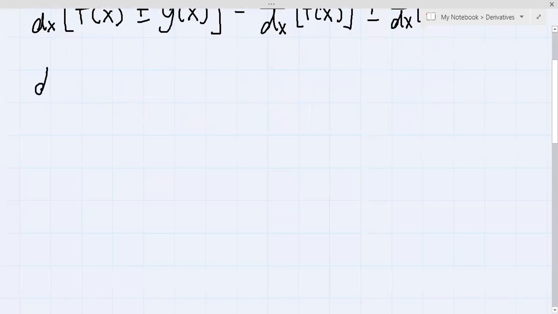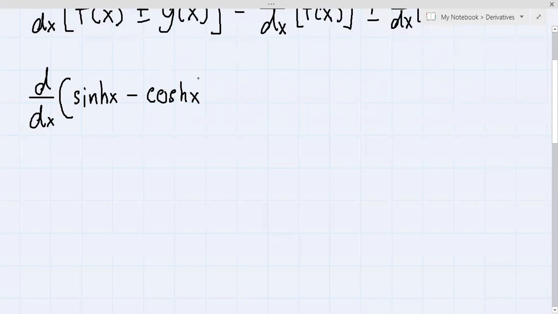So, let's just say we have this example. The derivative of sine hx minus cosine hx. Okay. So again, if we have functions that are separated by the addition or subtraction operation, we're just going to differentiate each of them.